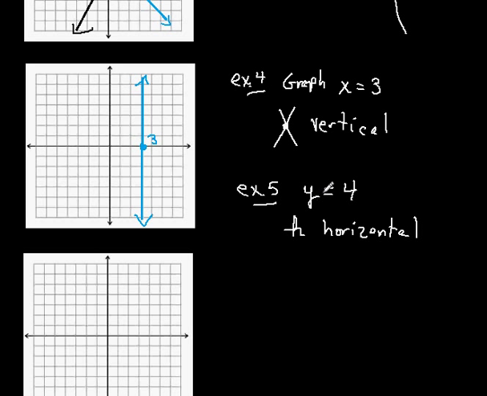So if you have a y equals something with no x's in the equation, it's going to be a horizontal line. Every y value, we'll just do this up here, 1, 2, 3, 4. Every y value is going to be 4.